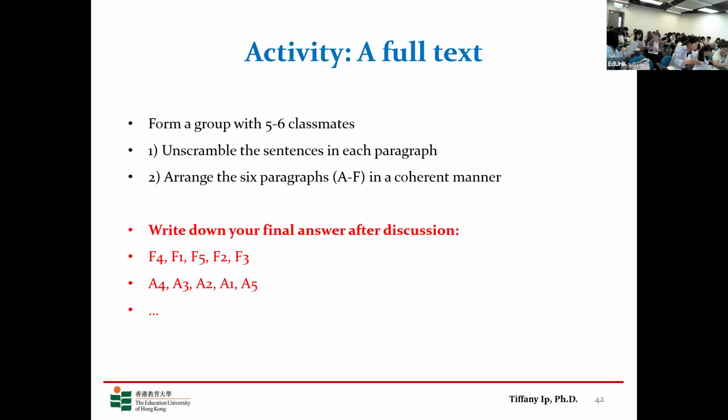So far, two groups got all correct. But I think most groups got at least half correct. And then maybe I give you guys 3 more minutes. This is your final try, and then I'll show you the answers.